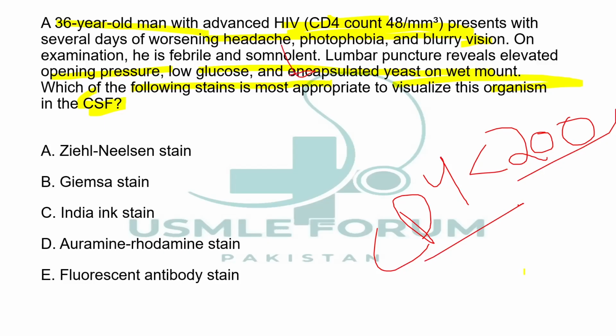And you can see that they have said that this is a yeast, right? A yeast that is causing somnolence, headache, photophobia, and blurry vision. So basically a fungus that is causing encephalitis, or symptoms related to the brain.